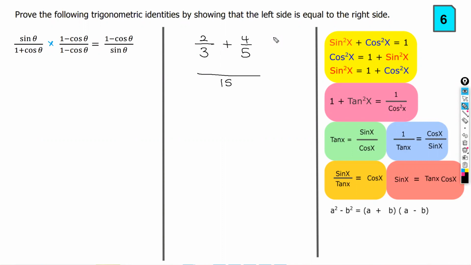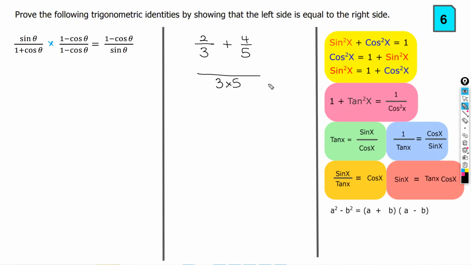What else could you do? If you cannot find the LCM, the question doesn't shut down. Here's a real common way to get by with addition or subtraction of fractions. All you have to do is take the two denominators and multiply them, but you leave it as that. You don't say 15, you just leave it as what?